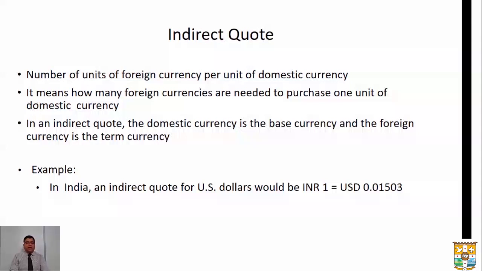For example, in India, an indirect quote for USD INR will look like INR 1 equal to USD 0.01503. So 0.01503 US dollars are required to buy 1 Indian rupee. Let me tell you that in the currency markets, the direct quote is more common than the indirect quote.